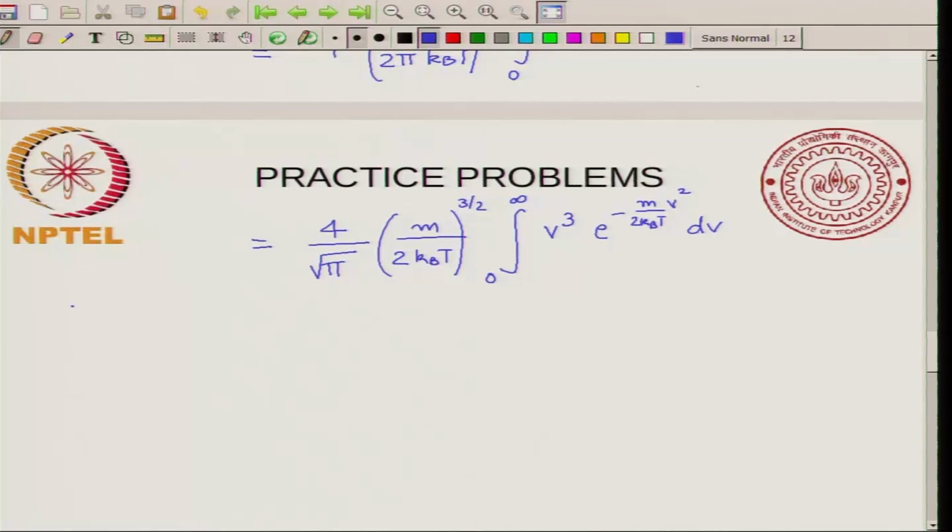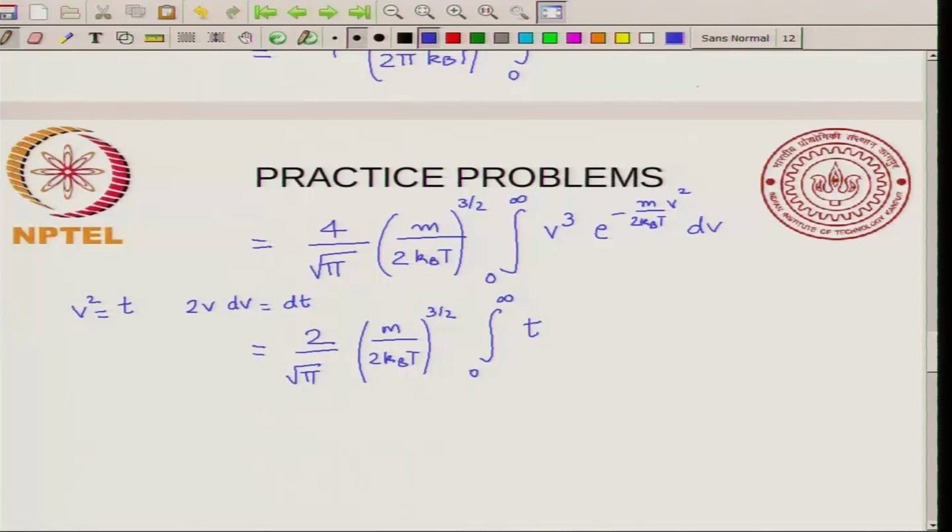So, what we will do is we will put V square equal to t, then 2V dV equals dt, and so I can write this as 2 by root pi, and I have m by 2 kBT raised to 3 by 2, and what I have is integral 0 to infinity t e to the minus t into the factor of m divided by 2 kBT, and I have dt.